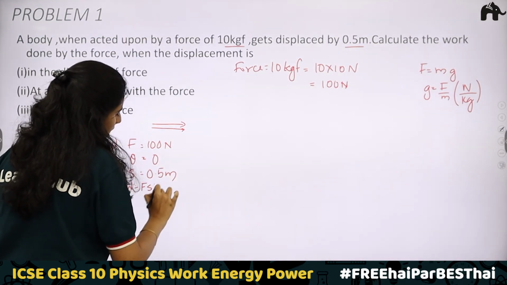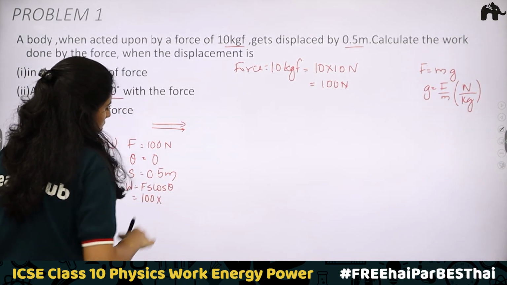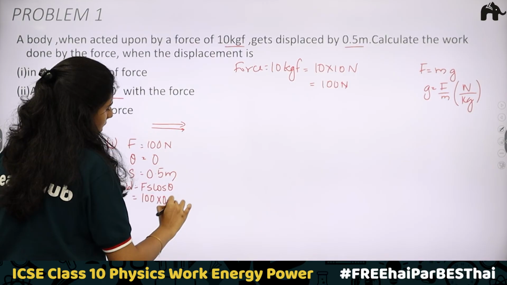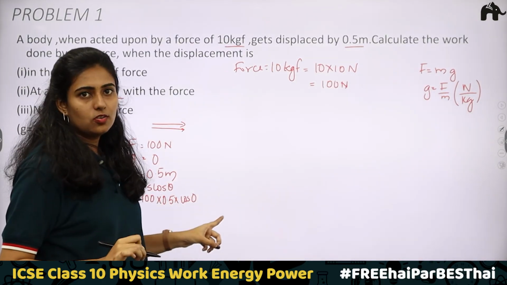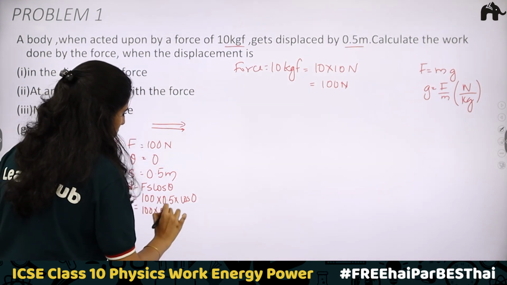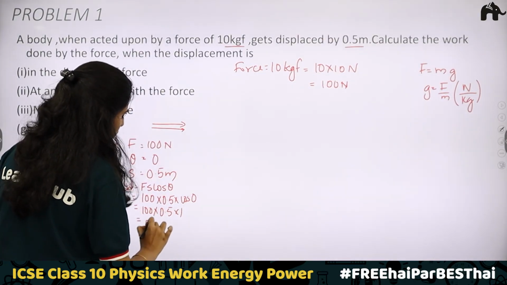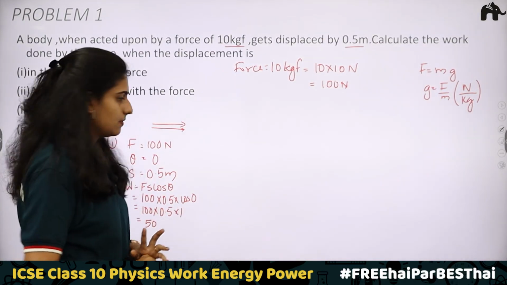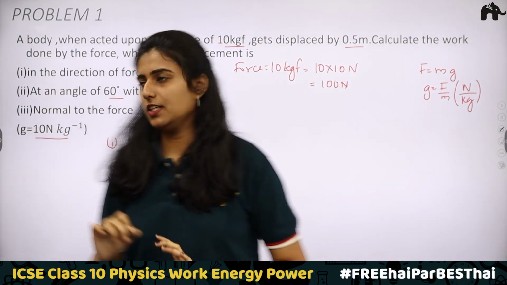Work is Fs cos theta, that is force 100 Newton into displacement 0.5 meter into cos 0. What is cos 0? Cos 0 is equal to 1. 100 into 0.5 into 1, which is equal to 50. What is the unit of work? Unit of work is joules. You will be getting 50 joules.